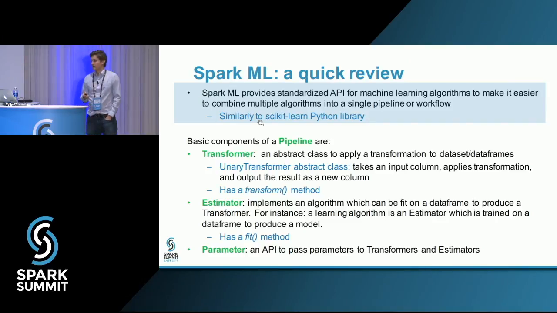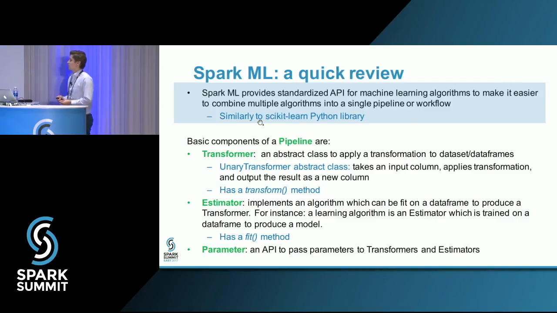So before I continue, let's talk a little bit more about what is SparkML. There was a nice talk yesterday by Debit Sai with the introduction. So there are two remarkable things about SparkML. First of all is the standardized API, which mimics that of the Python scikit-learn library. And the second thing is the ability to take advantage of the data frames, the catalyst optimizer, and the direct operations on the serialized data.